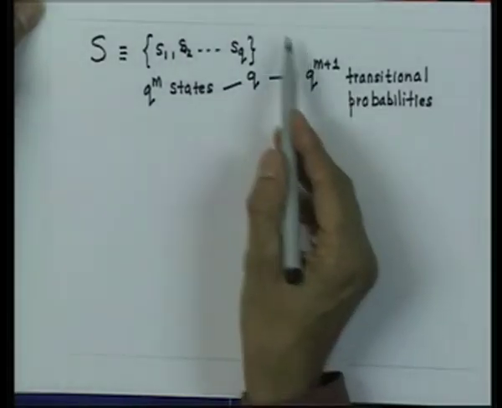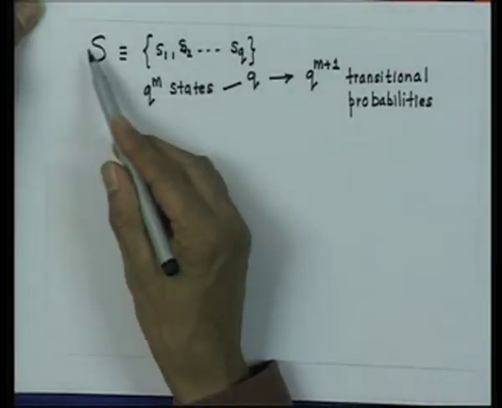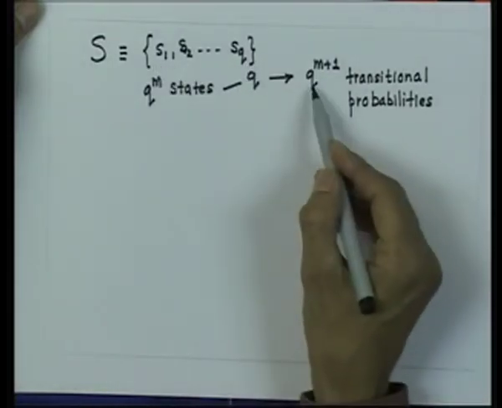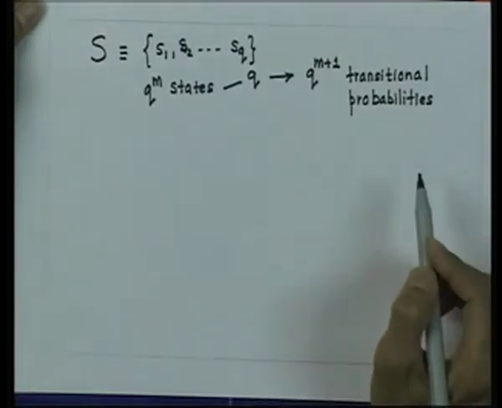Therefore, to specify a Markov source of mth order, I will require the alphabet and q raised to m plus 1 transitional probabilities.